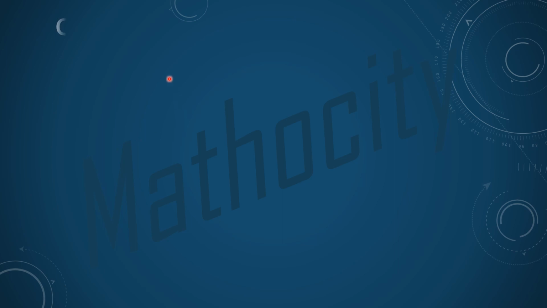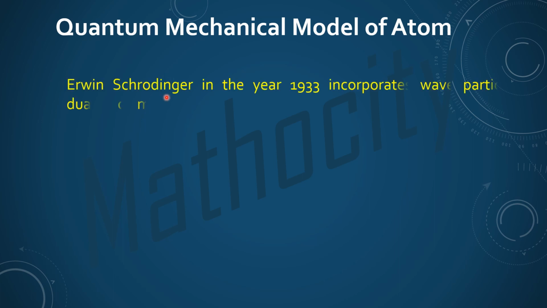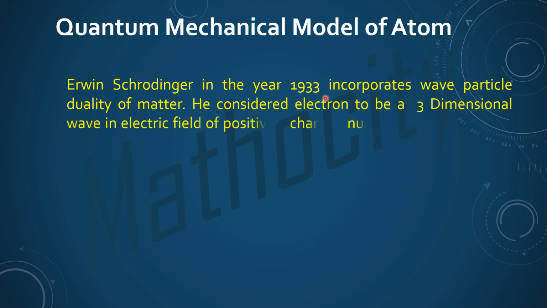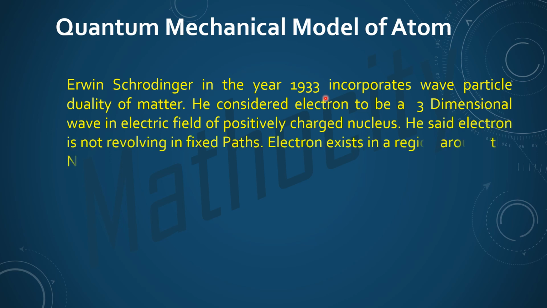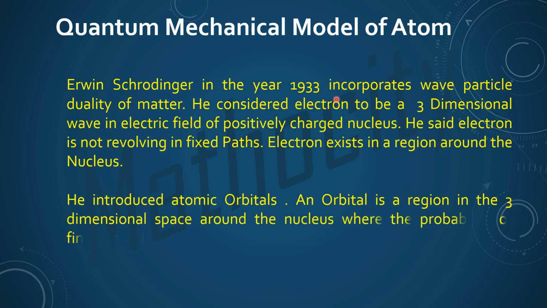Let us discuss the salient features of quantum mechanical model of atom. Erwin Schrödinger in the year 1933 proposed that it is highly difficult to locate the position and angular momentum of the electron at the same time, because the electron is revolving around the nucleus with a high speed.